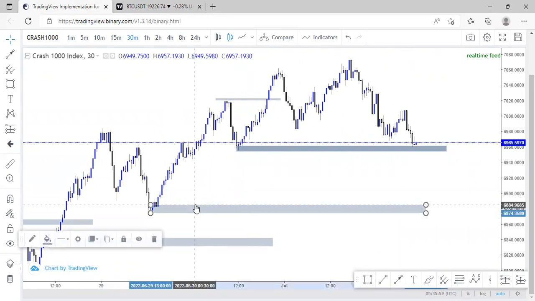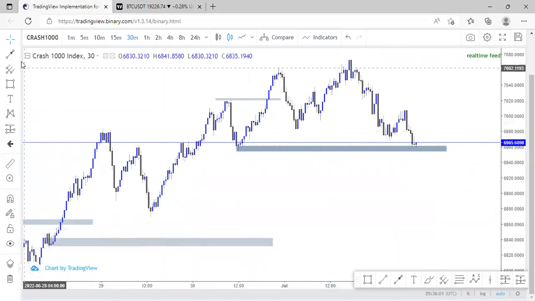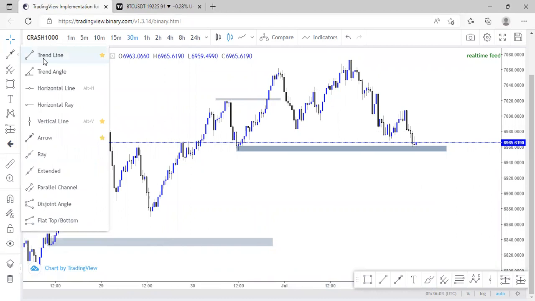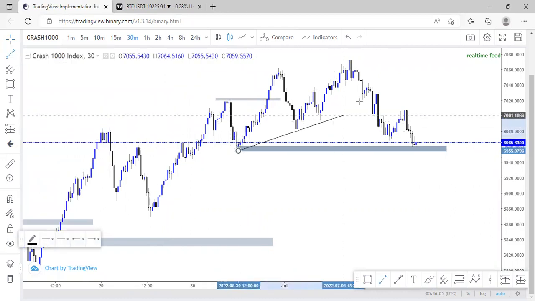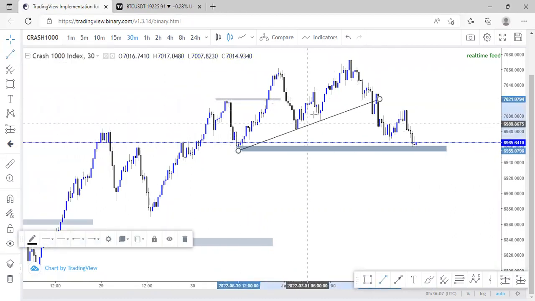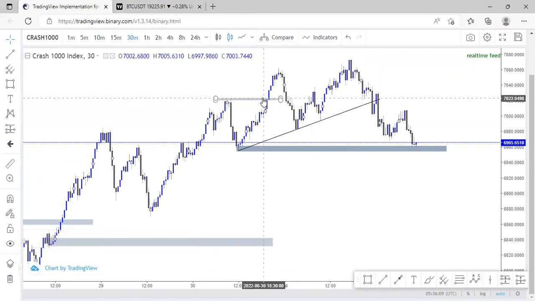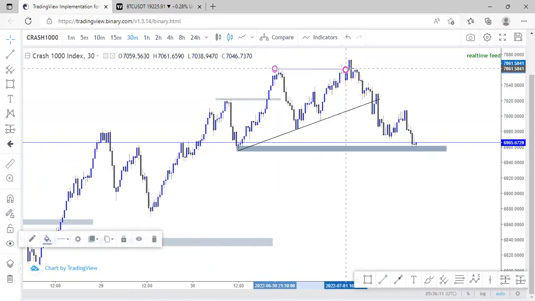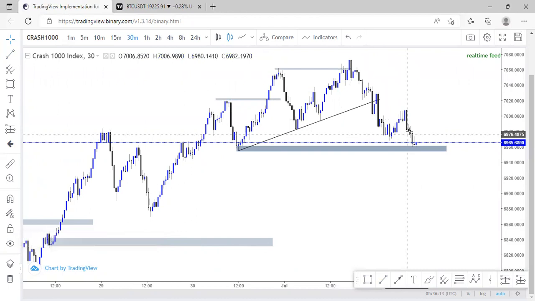Then it has taken out liquidity at this point. Notwithstanding, we also had this break. Okay, so we need the structure to be broken.